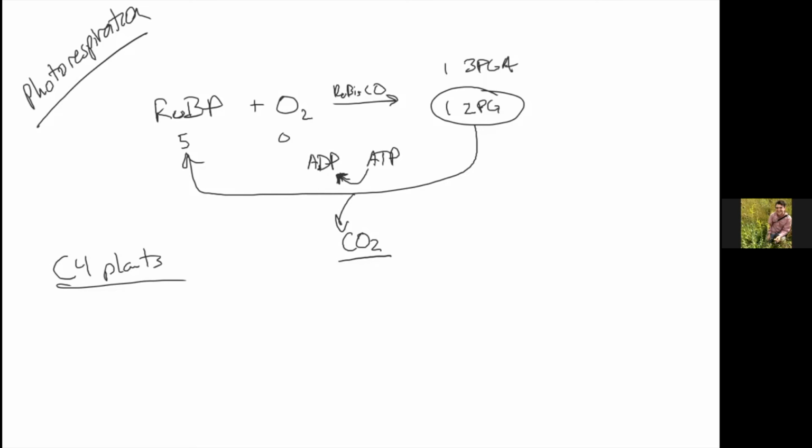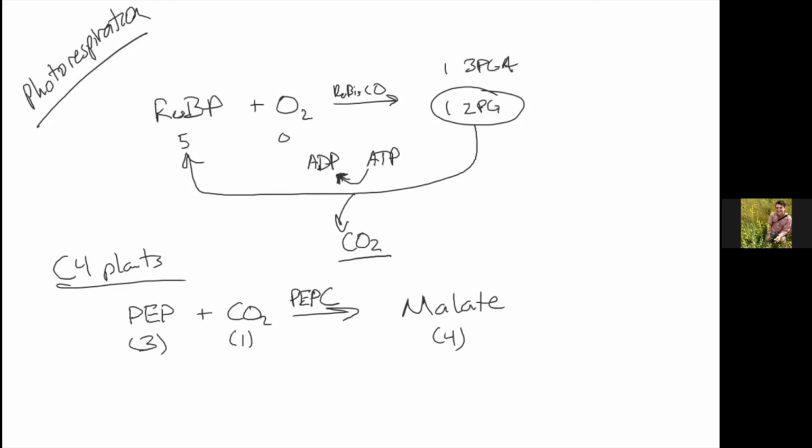They use a different enzyme called PEP carboxylase that fixes carbon dioxide to this organic molecule called PEP. And the output of that reaction is a 4-carbon molecule called malate. This is why it's called C4, because you've got this 4-carbon molecule called malate.